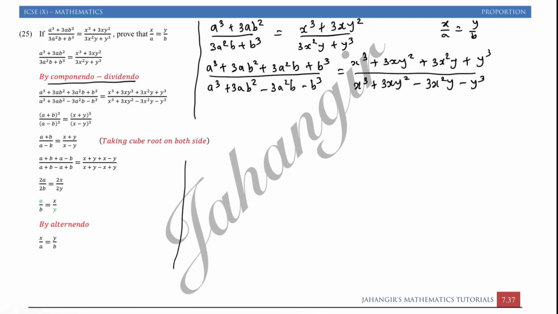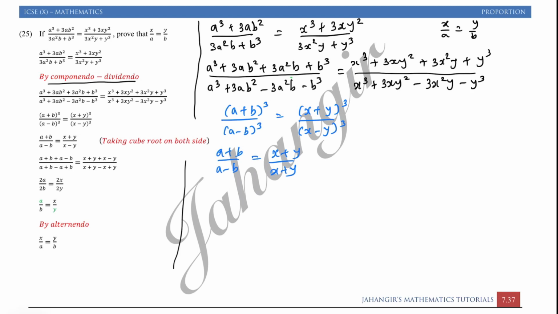So now, cancelling this, we cannot cancel anything here. So in the numerator I will get (a plus b) whole cube, in the denominator I can get (a minus b) whole cube, is equal to (x plus y) whole cube upon (x minus y) whole cube. Taking the cube root on both sides, I will get (a plus b) upon (a minus b) is equal to (x plus y) upon (x minus y).